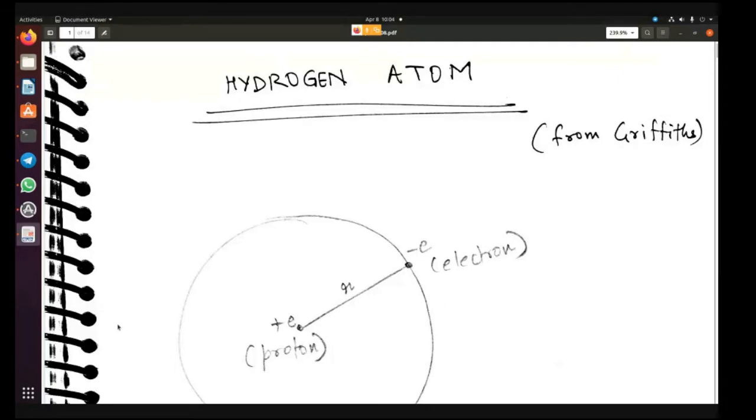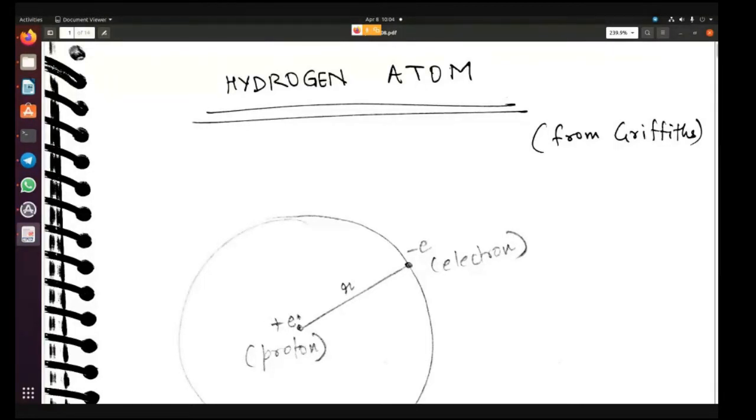Since there are only two particles, and the proton is more localized in space compared to the electron, right? The proton is of course a quantum particle, so it cannot be at a fixed position, but it is more localized, inside the nucleus.